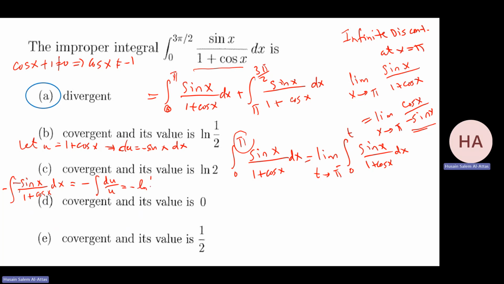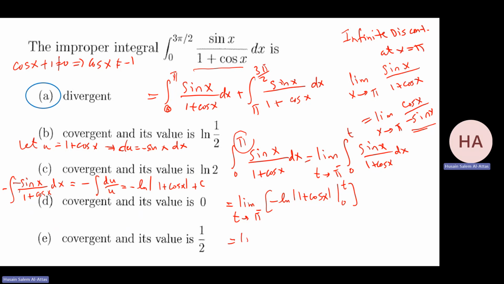That will be minus ln of 1 plus cosine x plus c, ln of u, where u is 1 plus cosine x. So this one will be the limit as t goes to pi from the left of minus ln of 1 plus cosine x, from 0 to t.